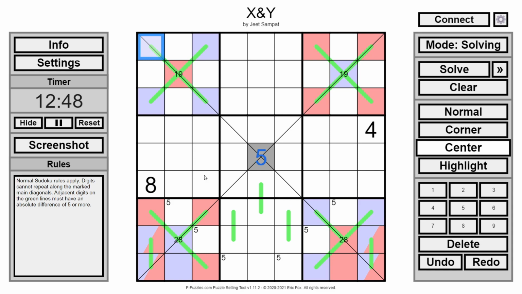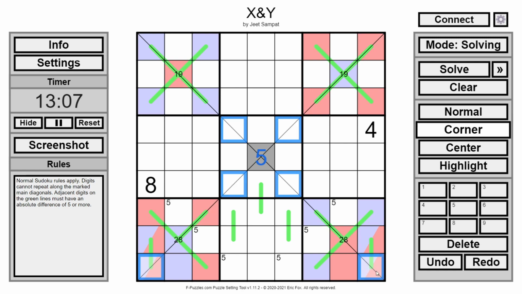So 8 and 8 total. At the moment, we have 1, 2, 3, 4, 5 blues total, and oppositely we have 5 pinks total. So in these 6 cells, we have 3 of each remaining.